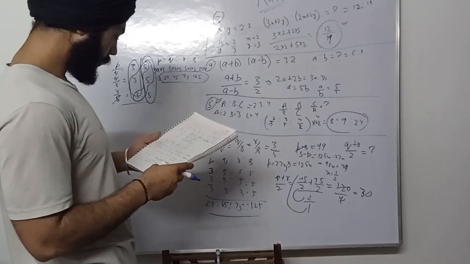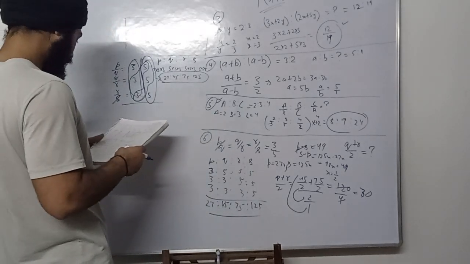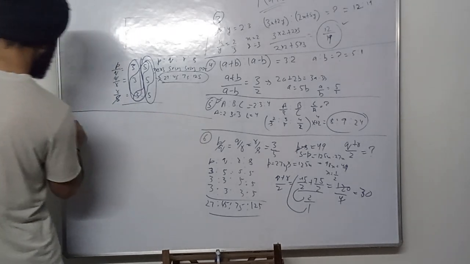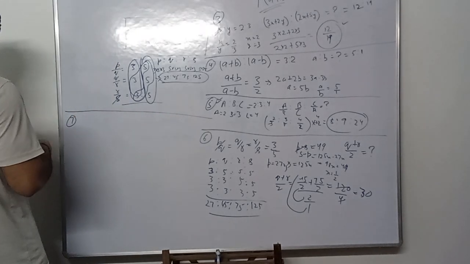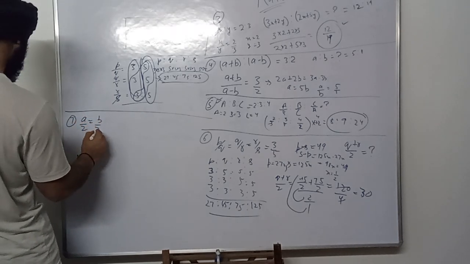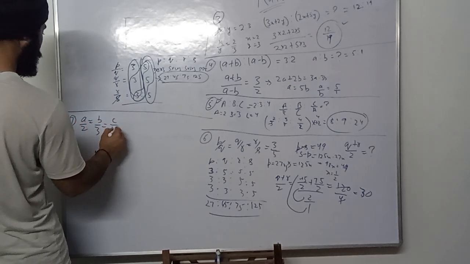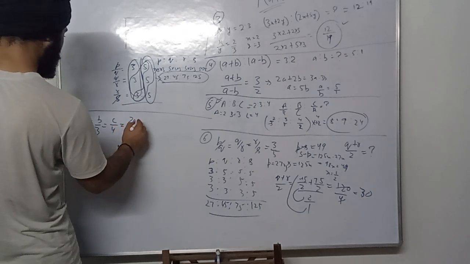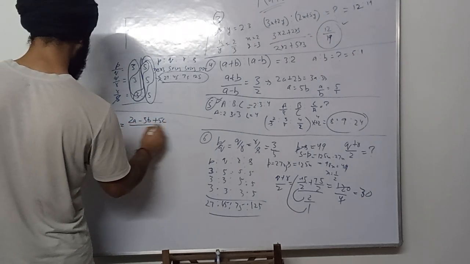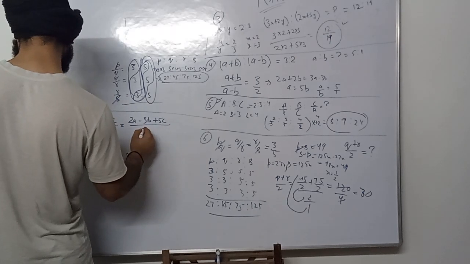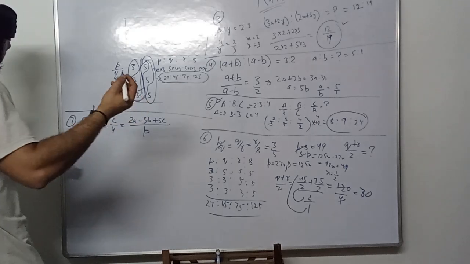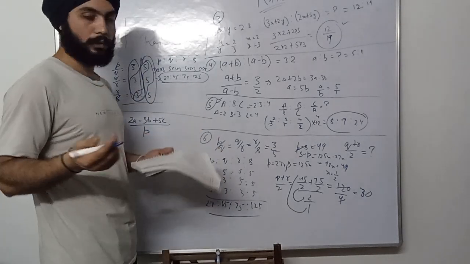So question number 7. If A by 2 is equal to B by 3 is equal to C by 4, which is equal to 2A minus 3B plus 5C divided by P, where A, B, C are non-zero real numbers.